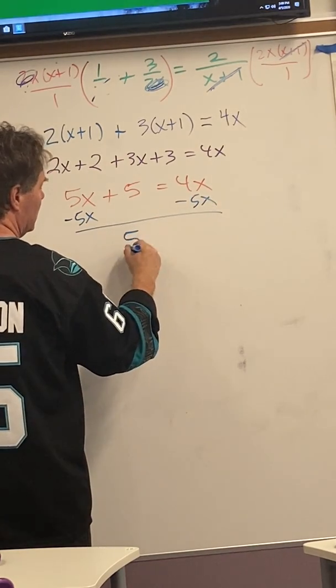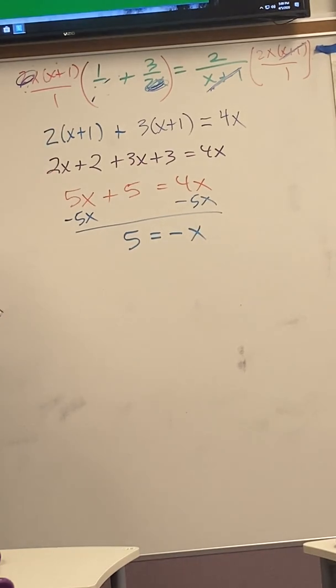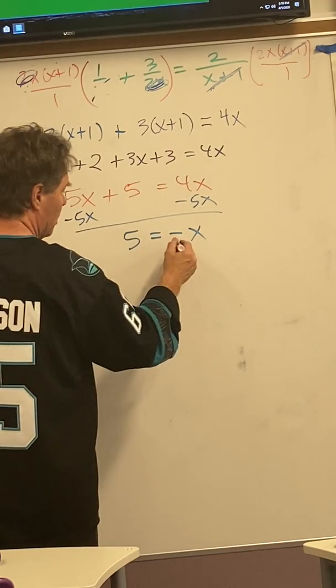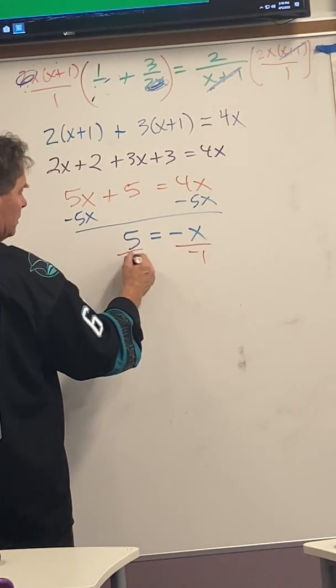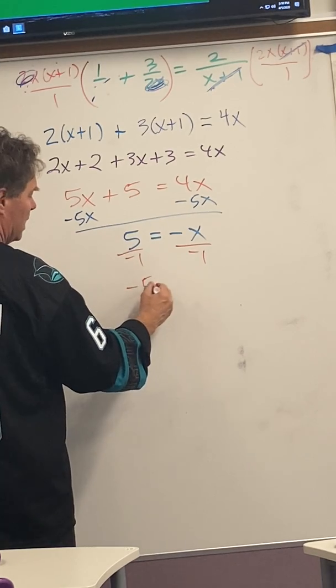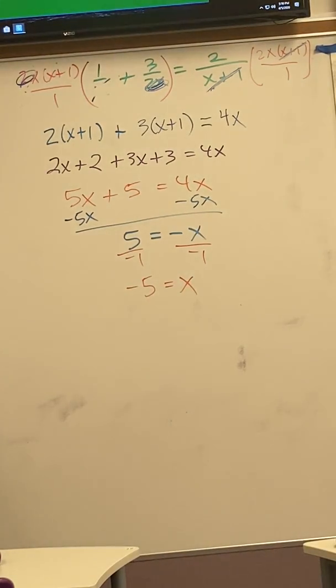That gives me 5 equals negative x, or negative 1x. I divide by negative 1 to get rid of the negative in front of the x. That's going to be negative 5 is x, which is my potential solution.